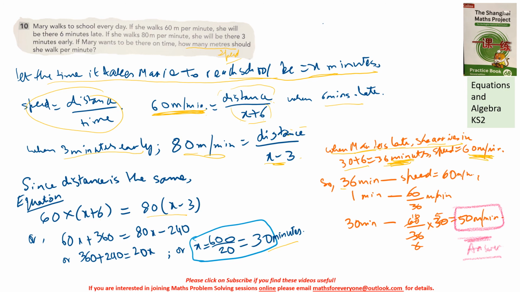So 36 minutes is 60 meters, then 1 minute should be 60 out of 36 meters. So if the time is 30 minutes, then the speed has to be 60 out of 36 multiplied by 30. That gives me 50 meters per minute, and that is my answer.